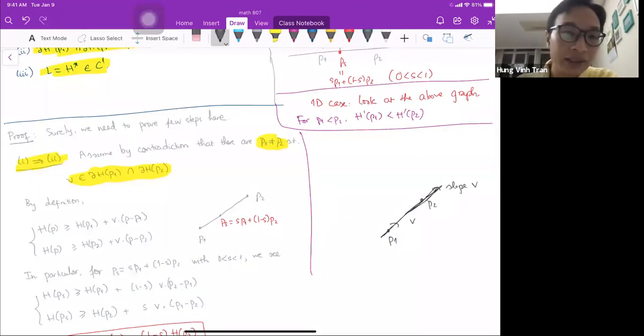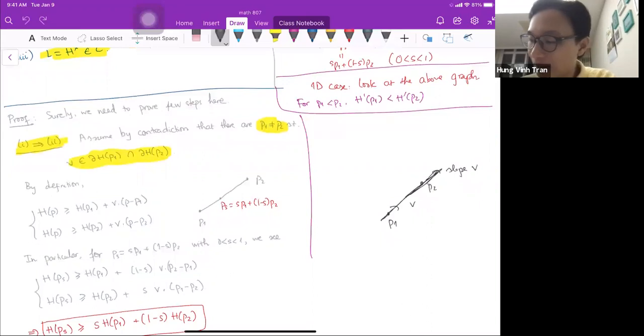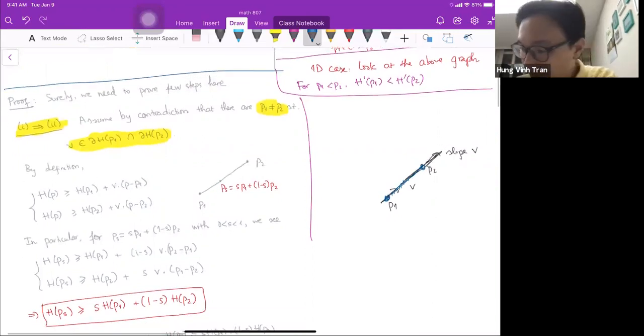And that's the contradiction to the fact that the Hamiltonian is strictly convex. Okay. So now we have to write this one down, but that's sort of clear, right? Because the key point was that we take two points, P1 and P2, and we are taking points in the middle, and we show that it has to be essentially a line segment in terms of the graph of H, okay? So I wrote down again the definitions here.